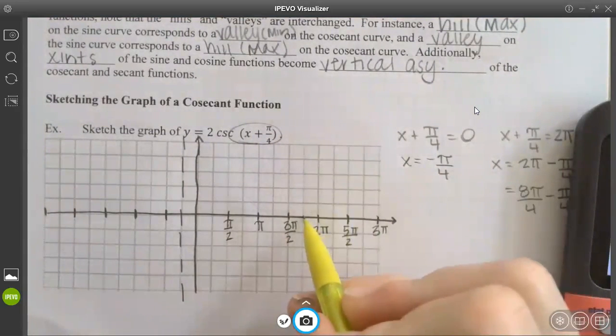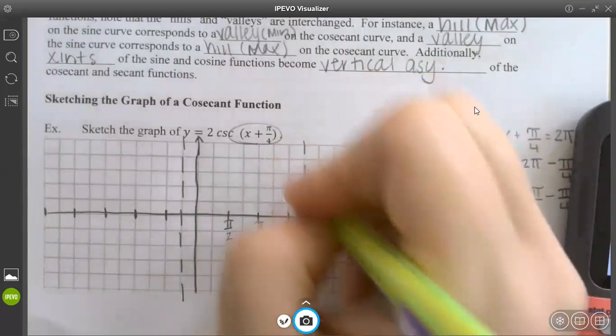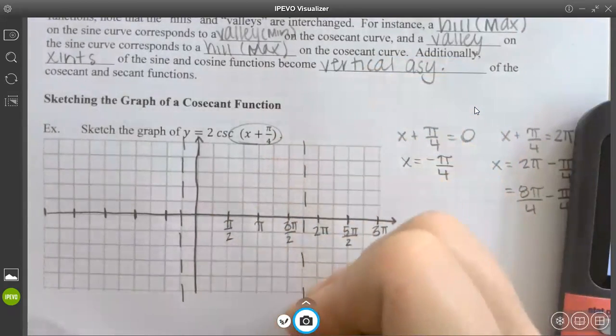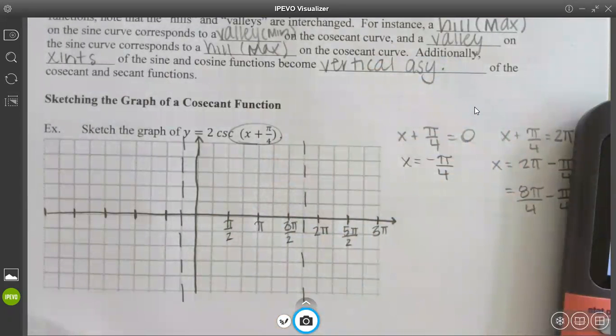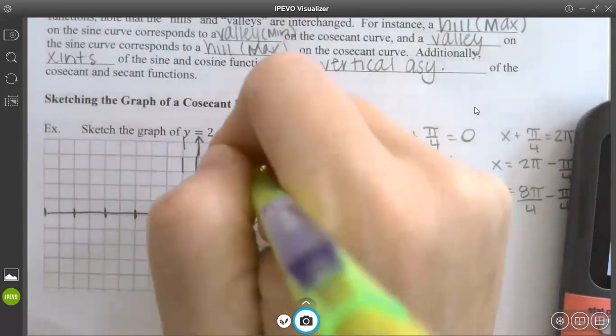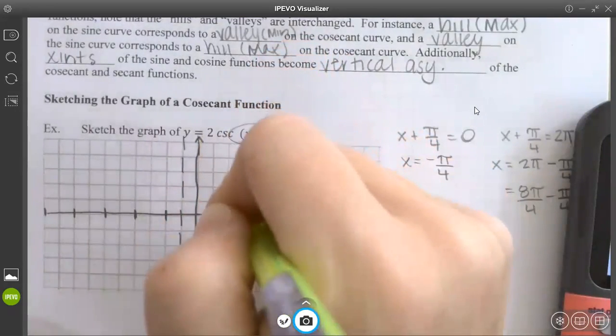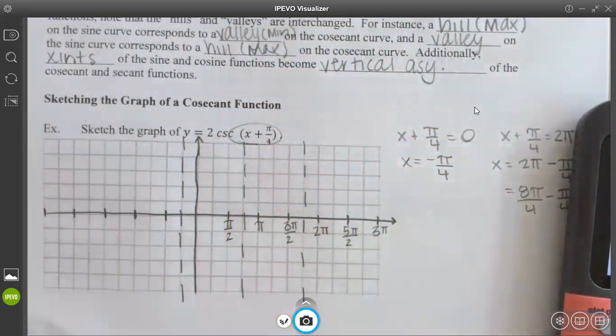So that's gonna be this one right here. It's directly in the middle, so in between pi and 2 pi. That is actually gonna be another asymptote. We're gonna talk about that in a minute.